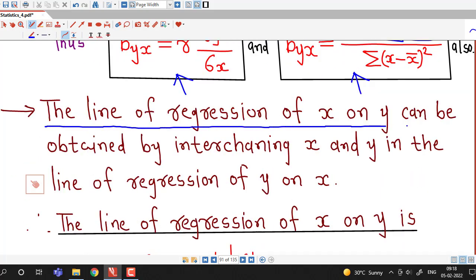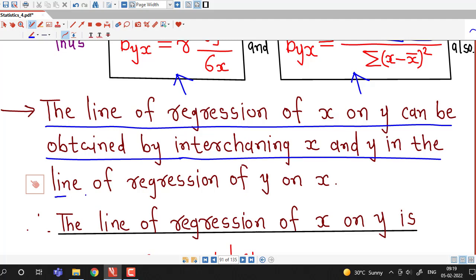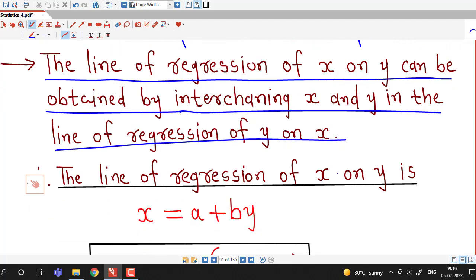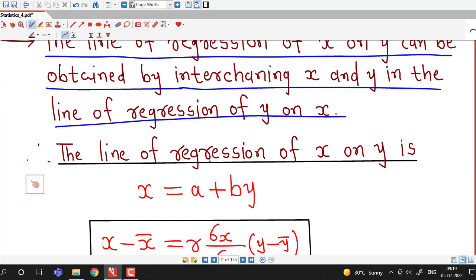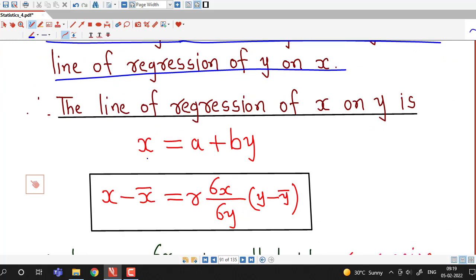The line of regression of x on y can be obtained by interchanging x and y in the line of regression of y on x. So the line of regression of x on y is x equal to a plus by, or x minus x bar equal to r times sigma x by sigma y, times y minus y bar.